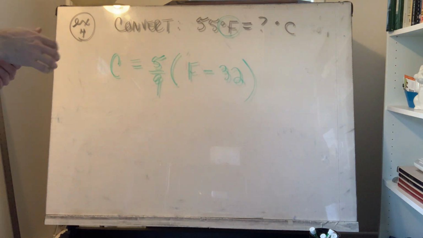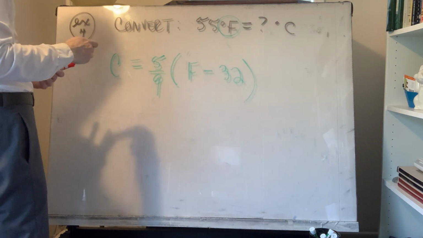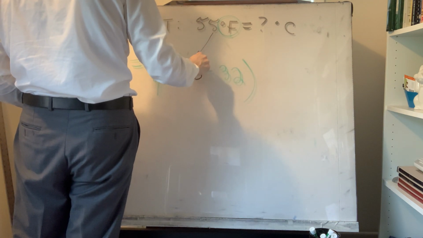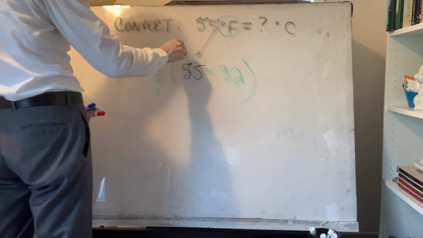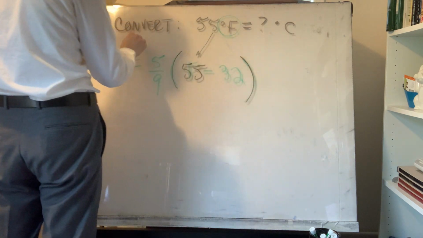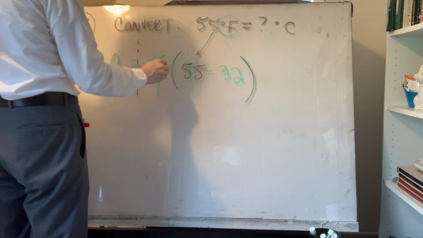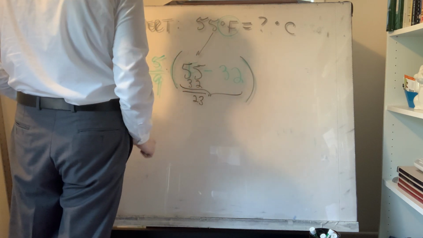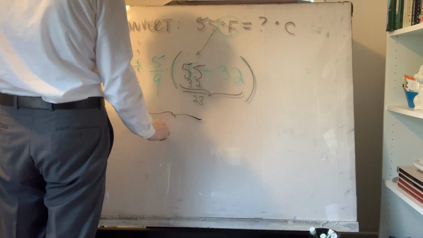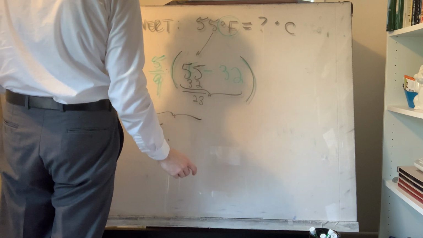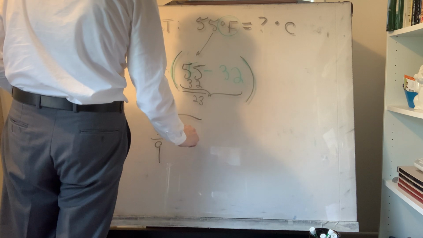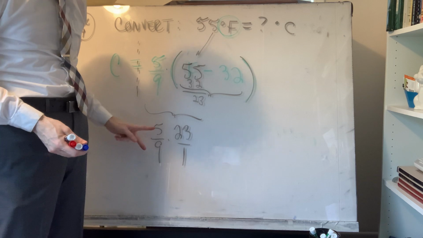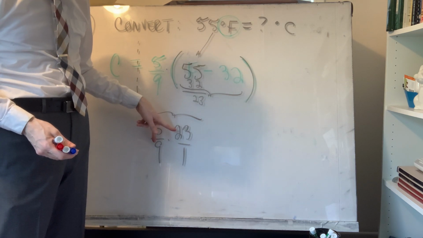So if we plug 55 in here, we subtract first, according to the order of operations, parentheses here. The difference would be what? 23. Which means down here you'll have the fraction 5/9 times 23/1.